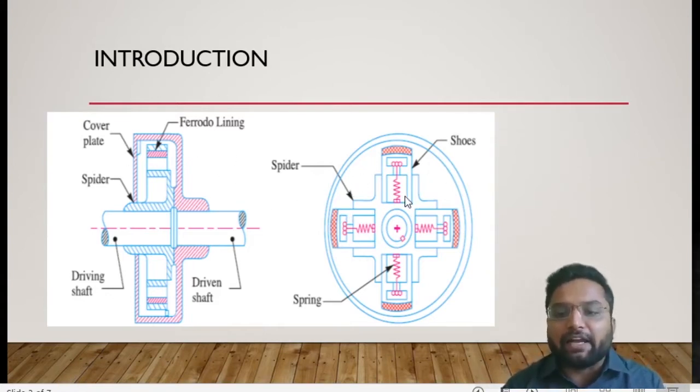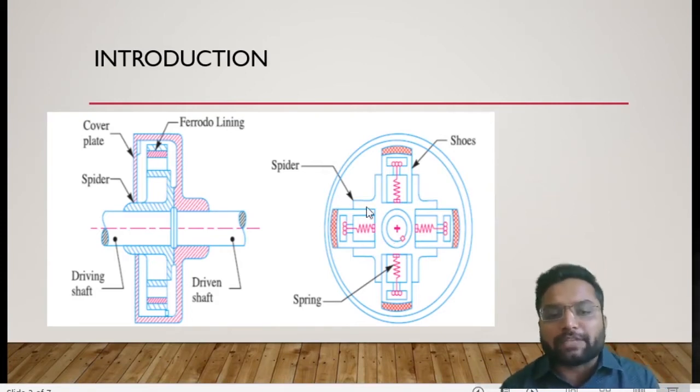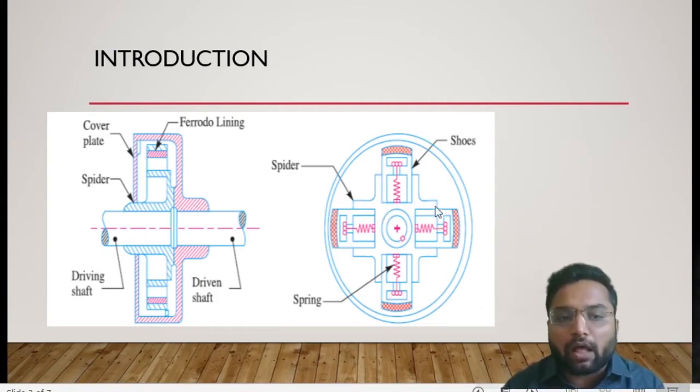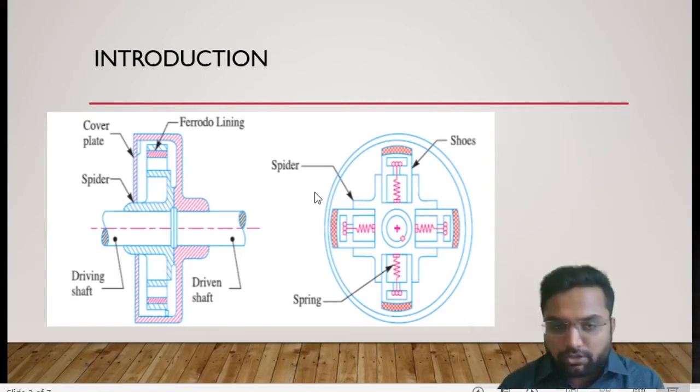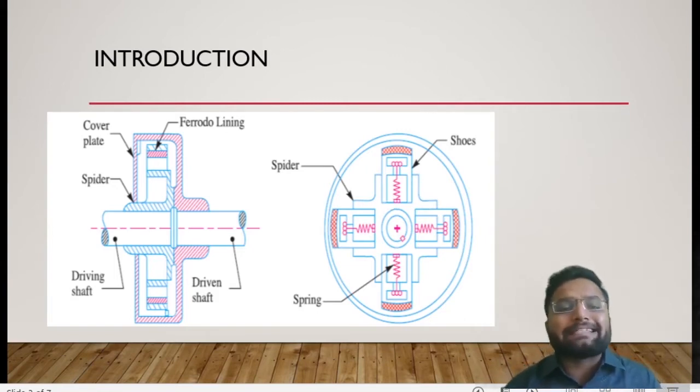So, with the help of centrifugal force, they will try to go outward and ultimately connect with the outer drum and perform the function of a clutch. So, this is the basic arrangement in our centrifugal clutch.